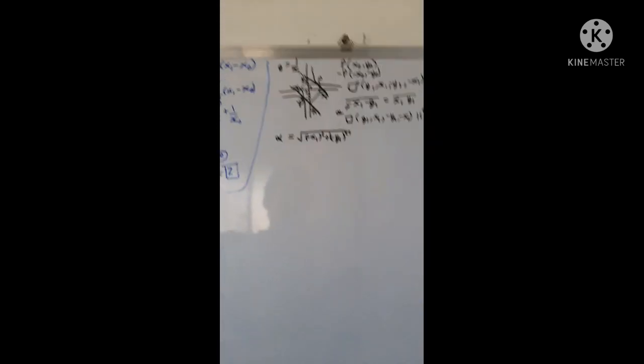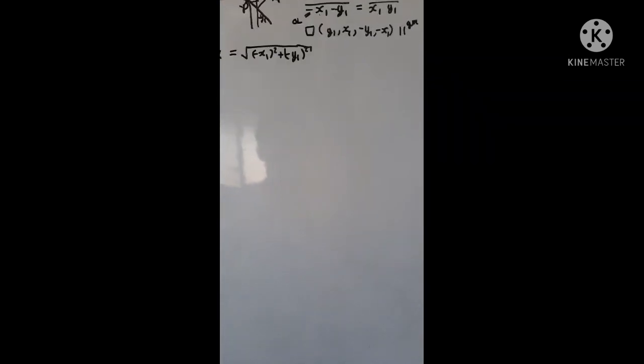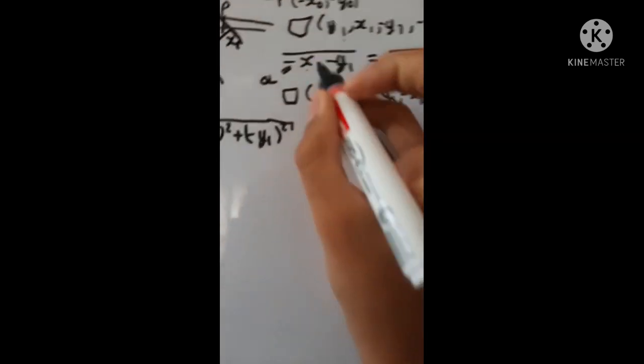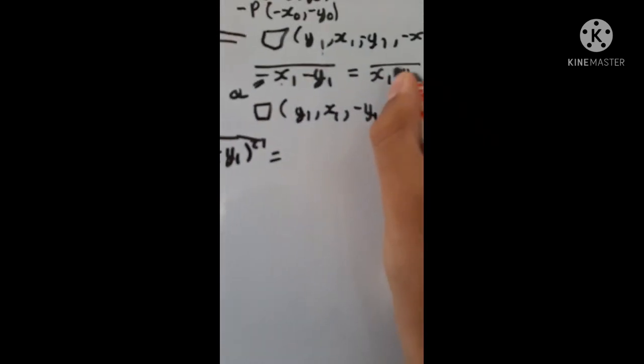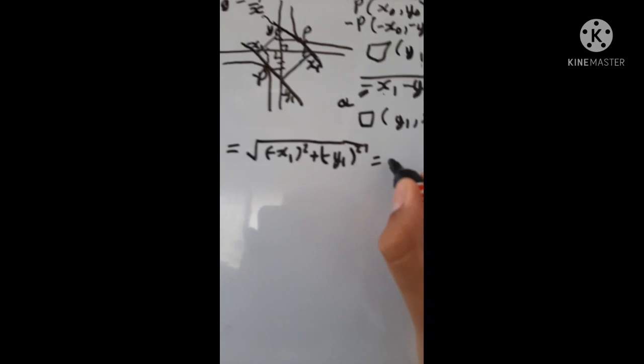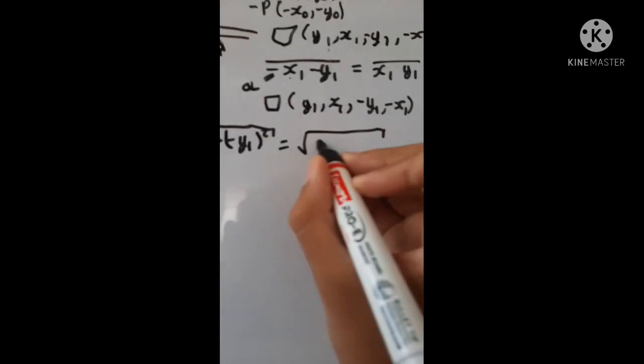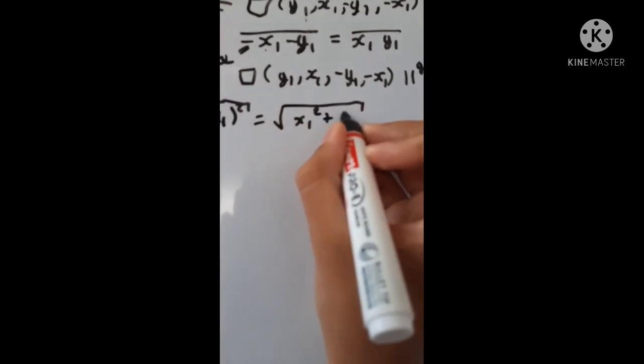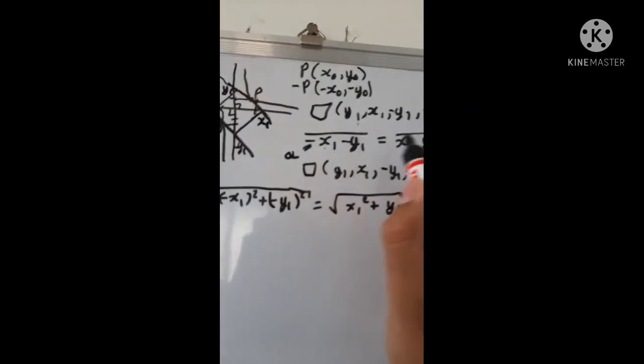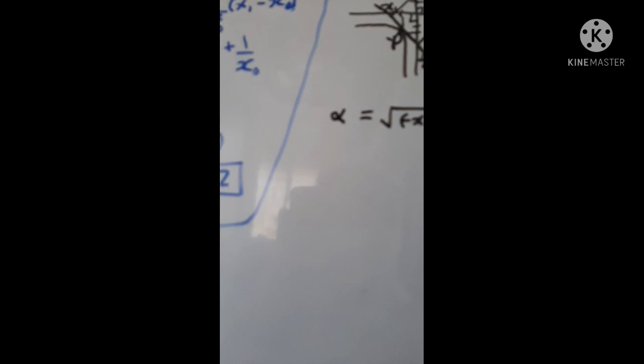We can say that much. And that alpha is, of course, still equivalent to the square root of x1 squared plus y1 squared, because we have this equivalence here. So is the square visible? Okay, let's write that clearly. That seems good enough so far.